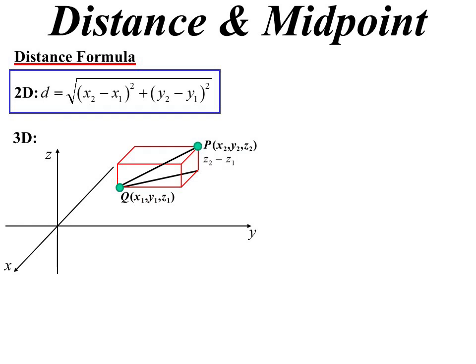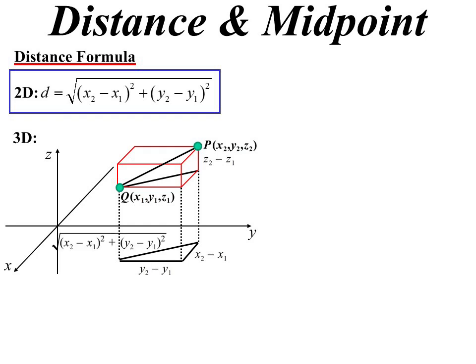And this side, I know, would now be the difference in the z values. The third side here, lying on the bottom of the prism though, what would that be? Well, if I was just to project it down so it's sitting on the xy plane, it then would be our traditional distance formula. That length. Those 2 would be the difference between the x values and the y values, meaning the hypotenuse would be our formula, the square root of x2 minus x1 squared and so on.